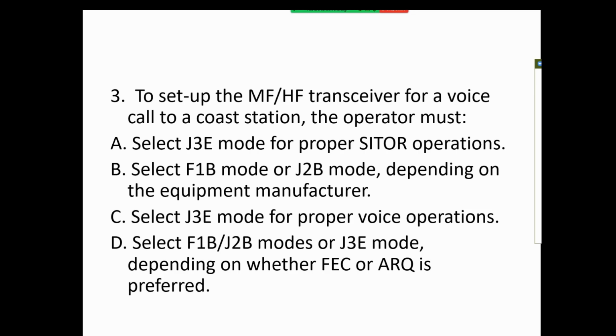All right, so you're setting up the transceiver, and you want to call a coast station by using your voice. How are you going to set that up? What mode are you going to select, presuming you have the right to select the mode? And your options are to select J3E mode for proper SITOR operations.